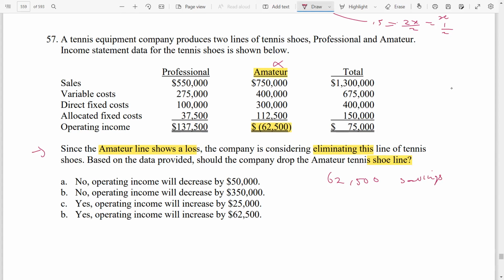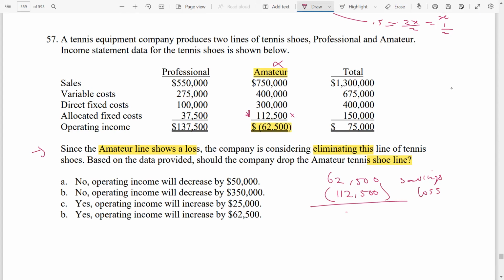Although we're saving 62,500, this allocated cost is unavoidable. It's still going to be there, so we can't avoid allocated fixed cost. So we are going to lose 102,500, because it's still going to be there.